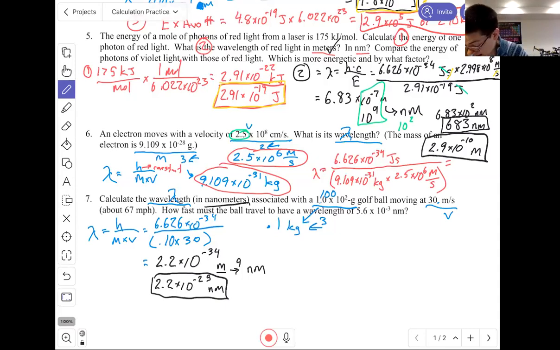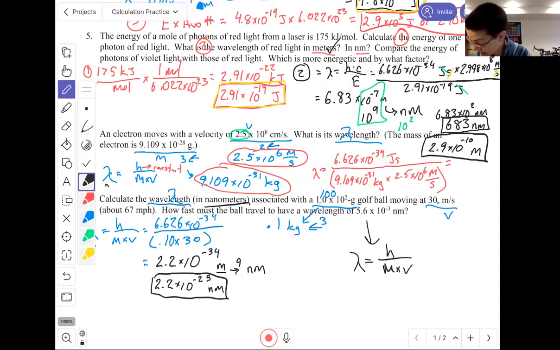And then this last question, I don't care about the last question because I think all I ever am asking you to do is wavelength. But if I wanted to take the time with the last question, it wants to know how fast a ball must travel to do this. So if that's my formula, and how fast means I'm looking for velocity.